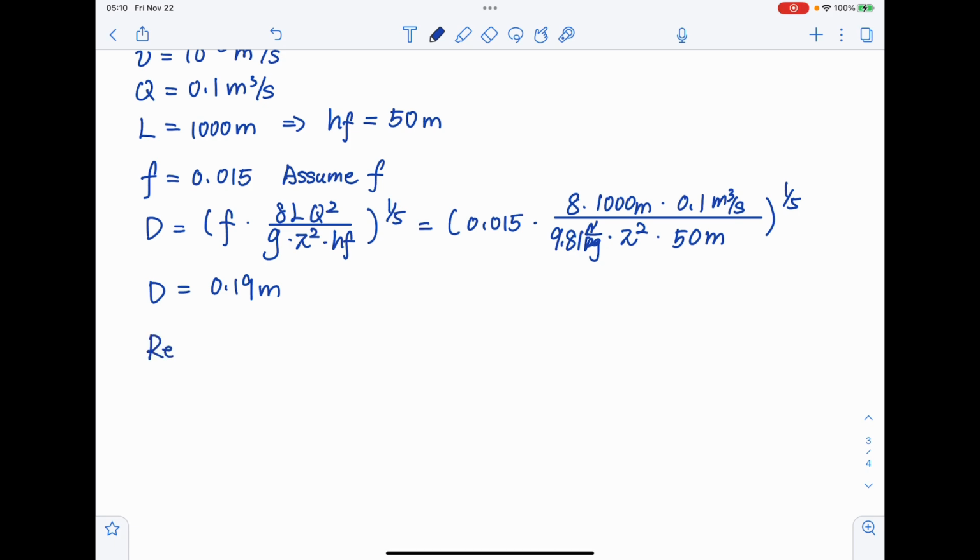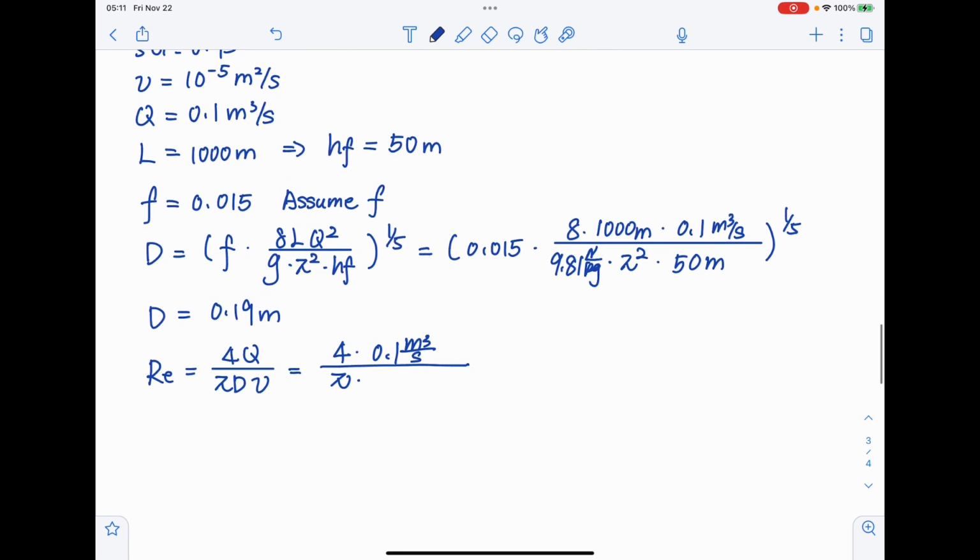So now we're gonna use this D to find the Reynolds number. Re equals 4 times Q over pi D times the viscosity. So Q is given, D is 0.19 meter, and viscosity is 10 to the -5 square meter per second.